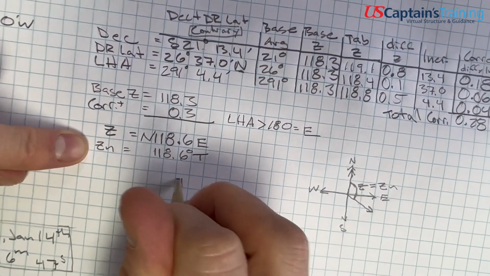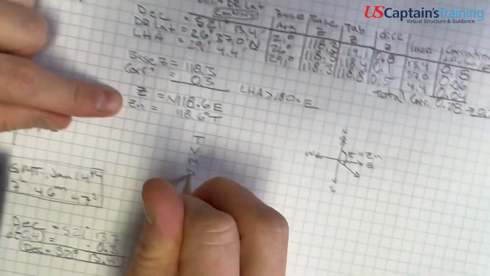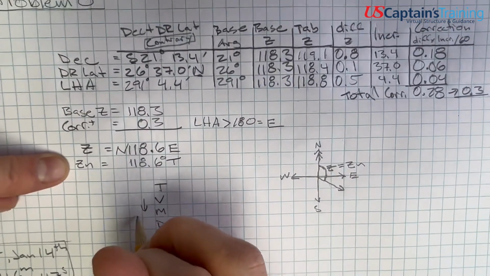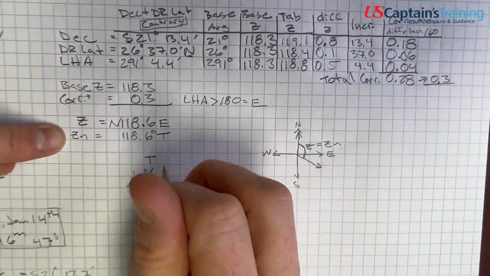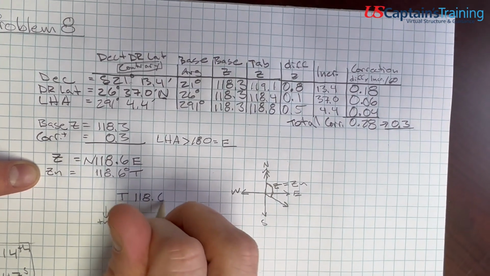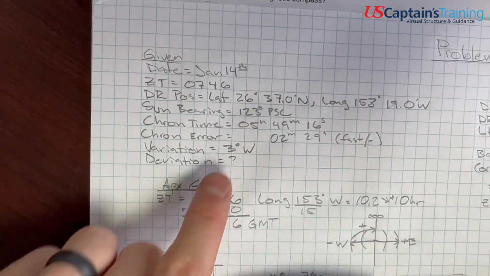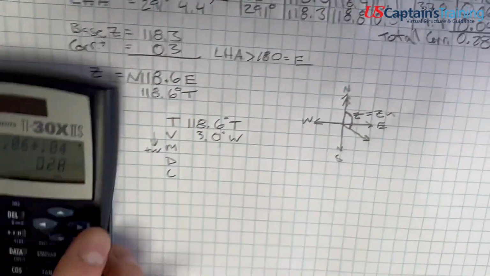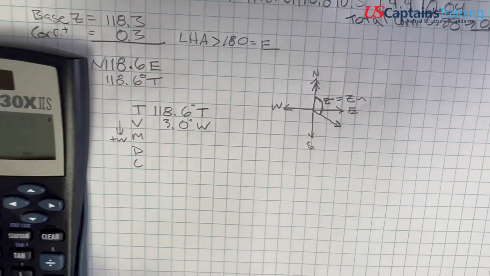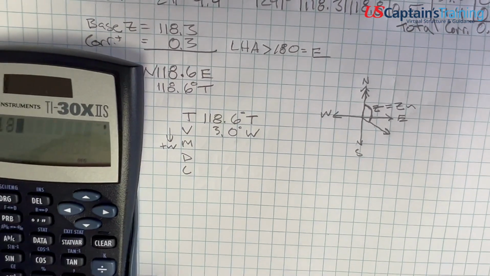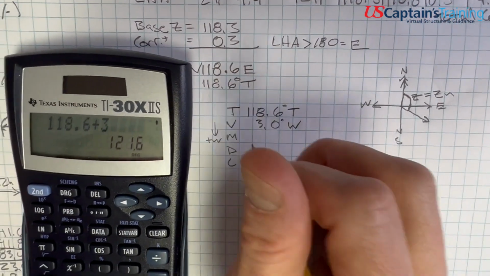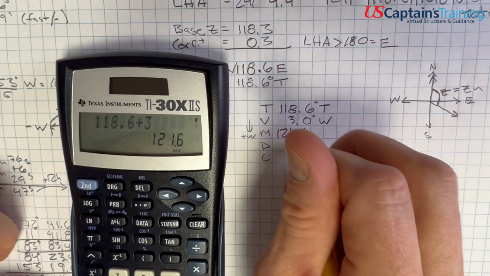Now we can correct our compass. We can say T, V, M, D, C: true, variation, magnetic, deviation, compass. If we're going down, we add west. So true is 118.6. And our variation was given. What's our variation? 3.0 degrees west. So we add that. 118.6 plus 3 equals 121.6.